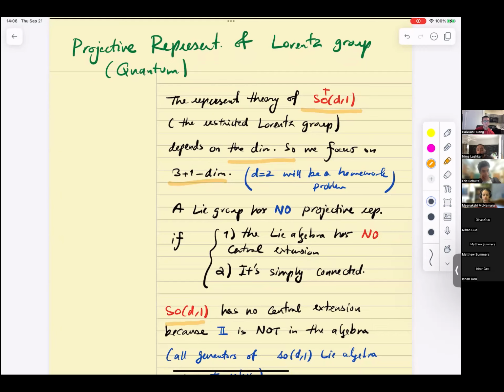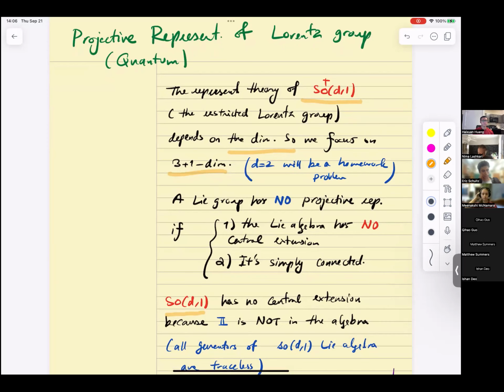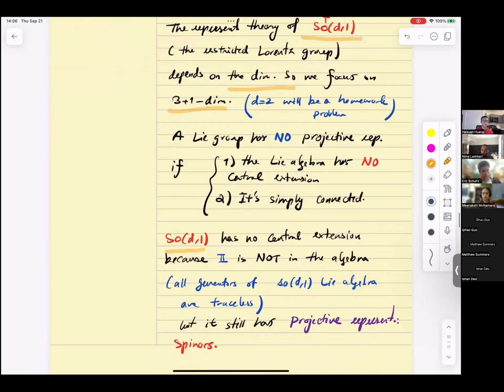We said that, right? Because central extension meant shifting the right-hand side of the commutator by the identity. But SO(D,1) doesn't have the identity in the generators, because all the generators are traceless. So it doesn't have a central extension, but it still has projective representations known as spinors because it's not simply connected.